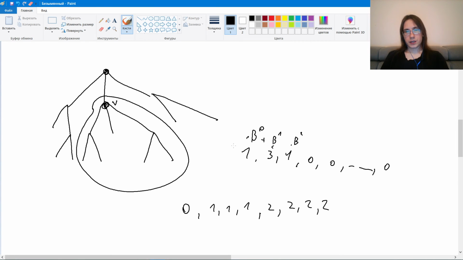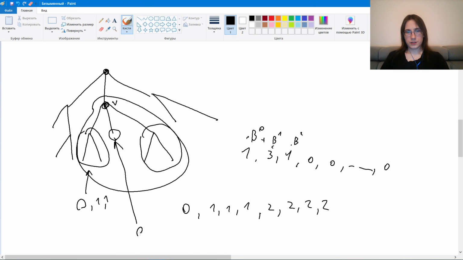How can we quickly calculate such hash for every v and the subtree v? We can calculate using the smaller subtrees, the subtrees of the sons of v. Let's see, in this case, the set for this subtree will be just 0. The set for this subtree will be 0, 1, 1.